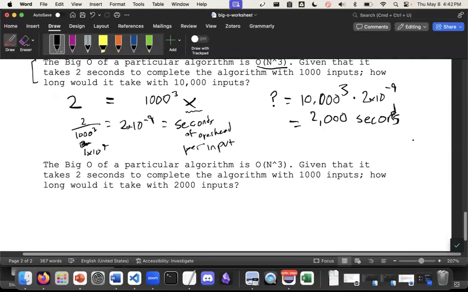Okay, I'll tell you the answer for the other one. The other one is 16. So if you go home and work on this using that same format, you should get 16.